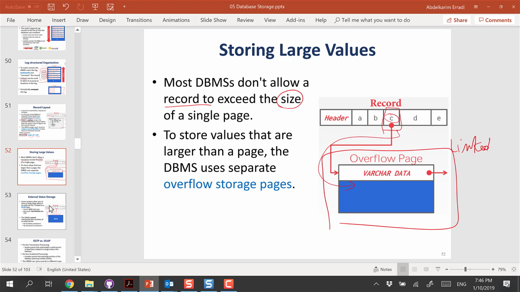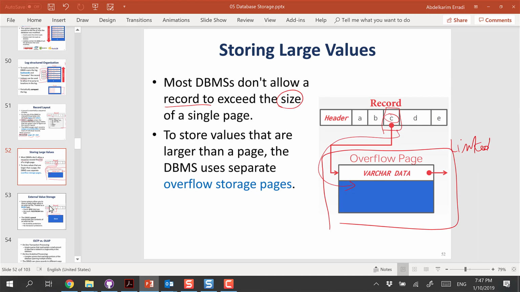You know what I mean? So there is some threshold. It's database specific. This is an implementation detail of the database. The database might say, if I have a record that is occupying more than half a page, I will kick out the big columns into overflow pages. But although you might define it as a blob or a varchar or varbinary, you might have small data there. So we will not put it in an overflow page.